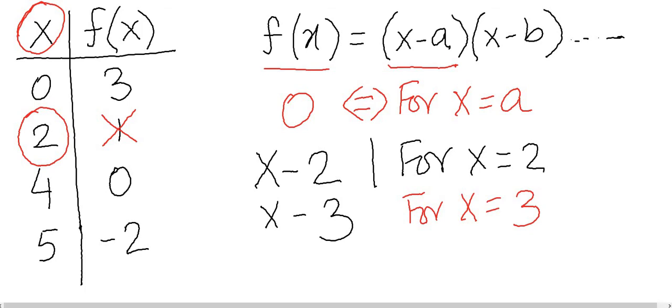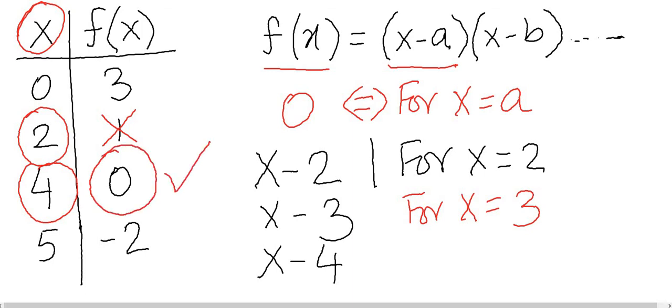Alright, let's look at the next one, which is x minus 4 a factor? So for x minus 4 to be a factor, for x equal to 4, y should be 0 or fx should be 0, which it is, right? So for x equal to 4, fx is 0.